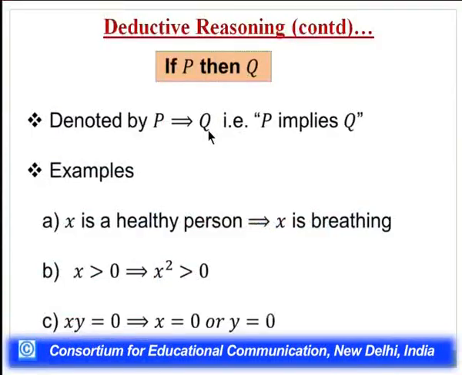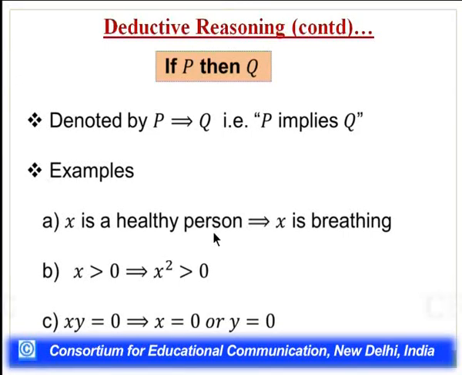So, let us suppose our statement that involves deductive reasoning is given by if P then Q. And as I mentioned a little while ago, this is written as P implies Q. Now, let us look at some examples of implications of this P implies Q format.